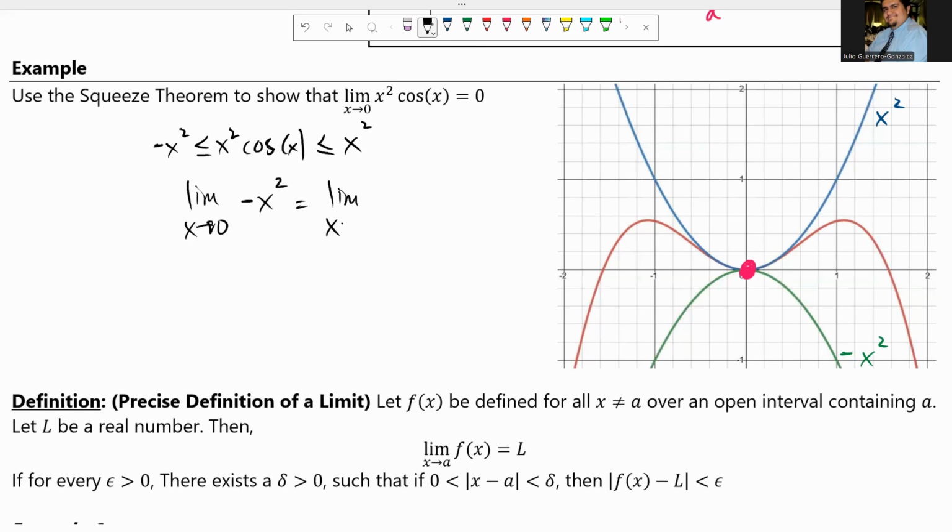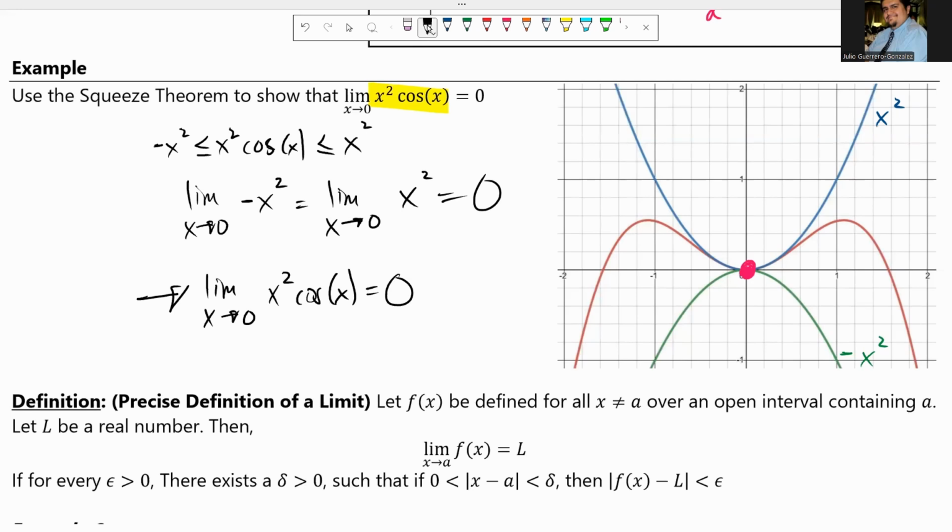Limit as x approaches 0 of positive x squared. Both of these limits are equal to 0. So therefore, it squeezed the middle one, the one that we want, right smack dab in the middle. So then the limit as x approaches 0 of x squared cosine of x has got to also be 0.